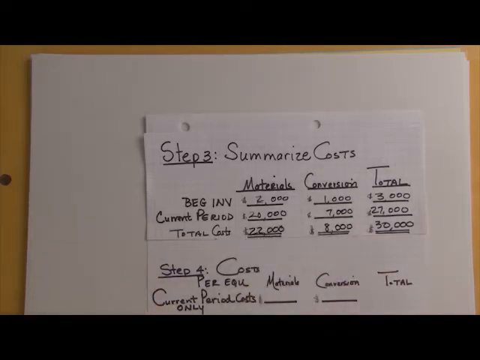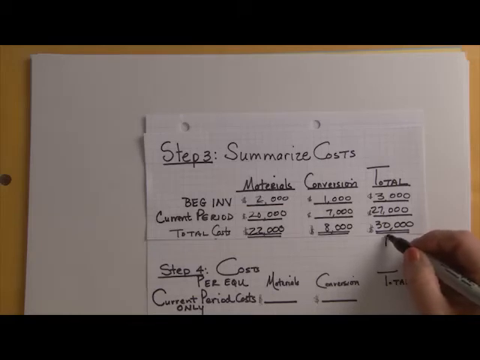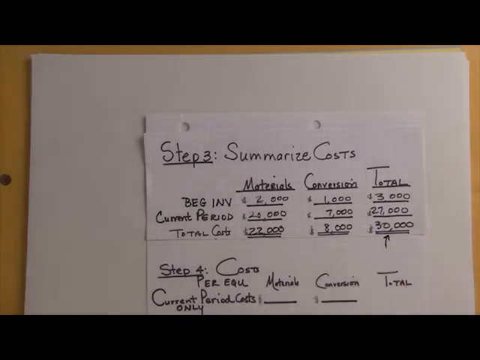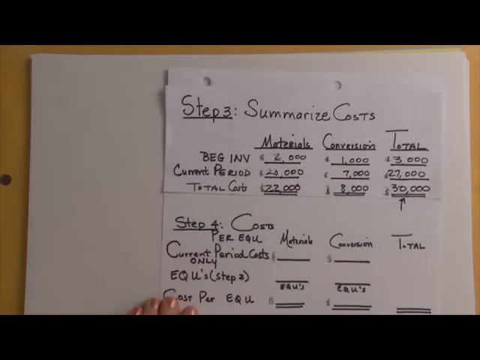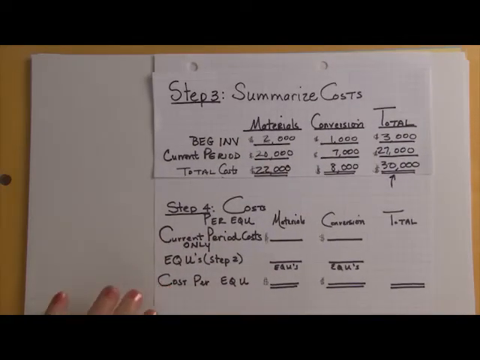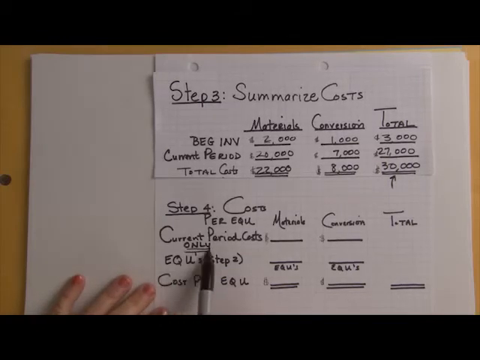So nothing new there. We are going to summarize these costs because you will recall when we finish step 5, we're going to want to be able to make sure that once we assign costs that they all add back to the total, which would be 30,000.